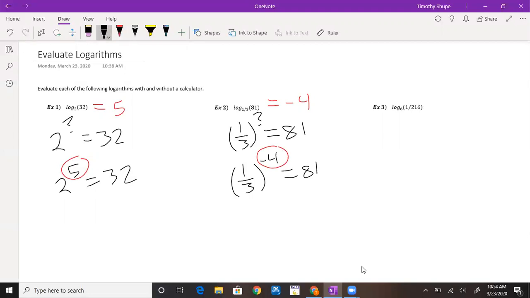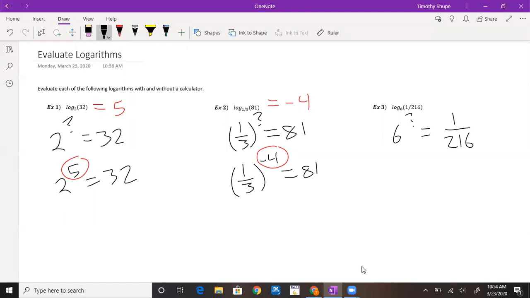And finally, for this last one, the log base 6 of 1/216, I can do a similar thing to what I've been doing on these last ones. 6 raised to some unknown power is equal to 1/216. Well, in order to do that, I need to create a fraction again, similar to what we were doing on that last one, converting the fraction to the whole number.